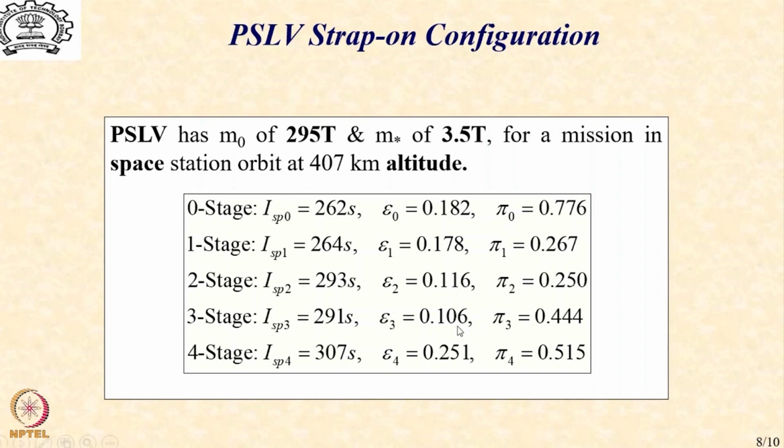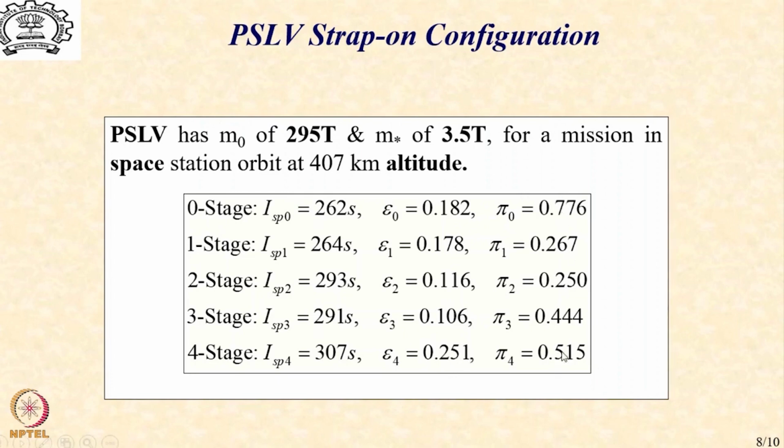Of course, in the higher stages, structural efficiency becomes better, except the last stage, which is your final cryogenic stage which is supporting the spacecraft. So here, because of additional structural mass, because of the payload adapter, your structural efficiency becomes a bit poor.